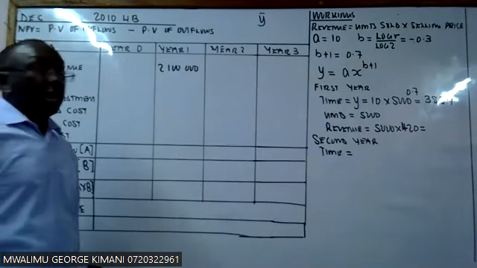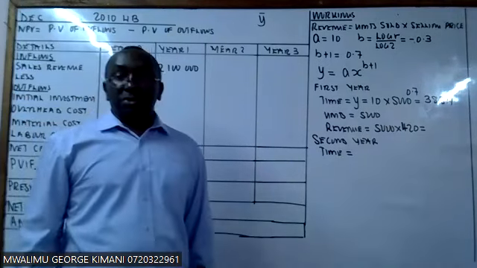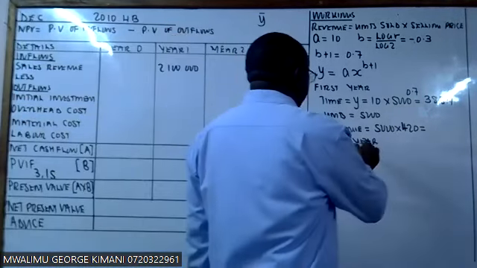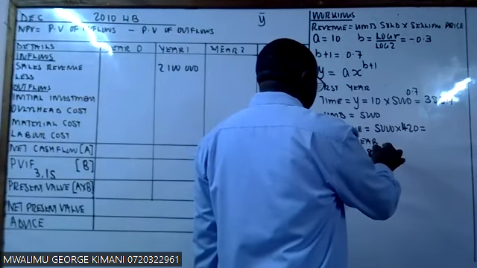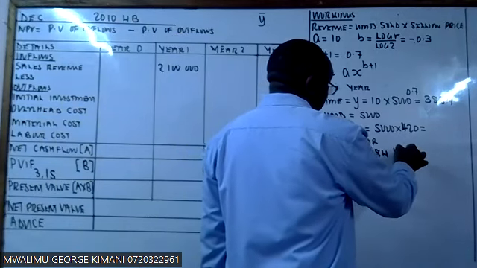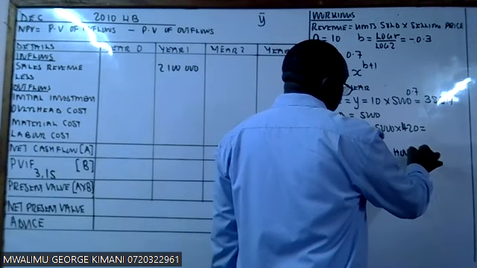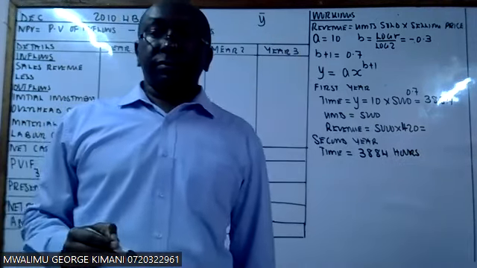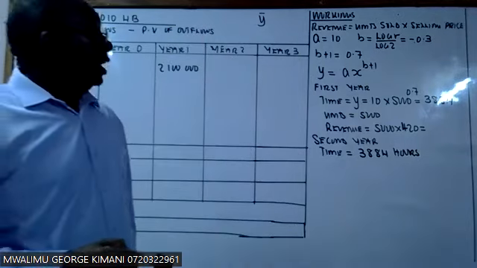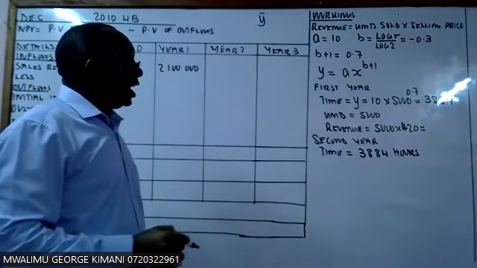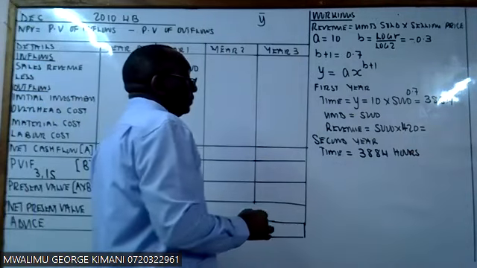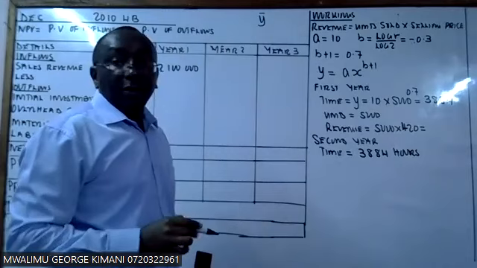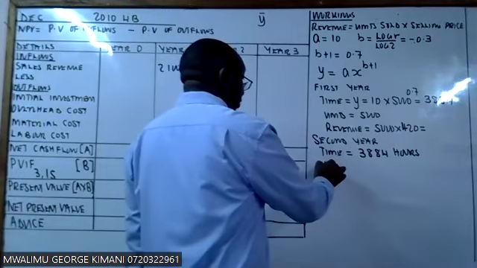Thank you. Now back to year 2. The time that will be available will be these 3884 hours, because we are told they are equilibrium. Now what we need to do is to get the units that were made.